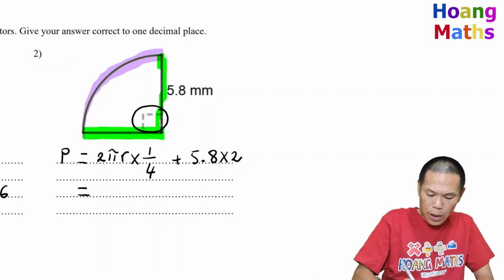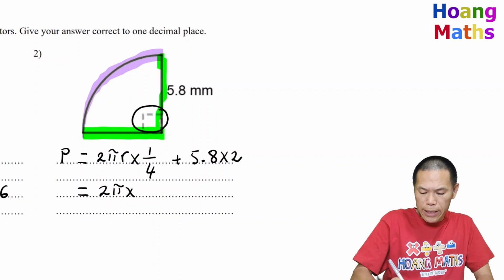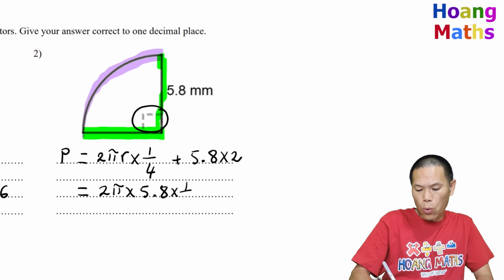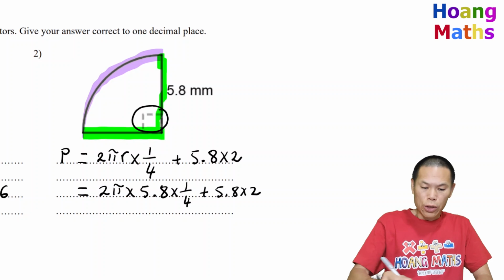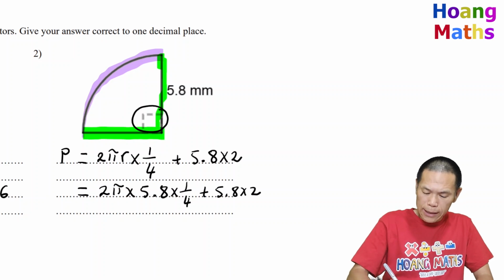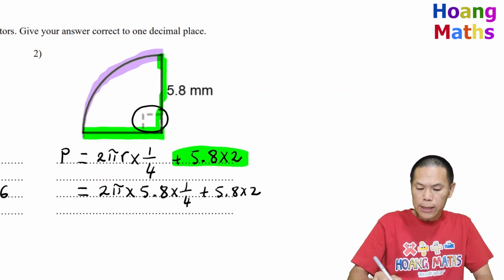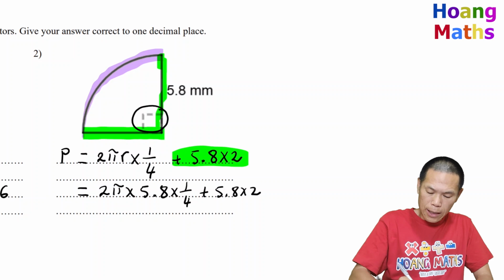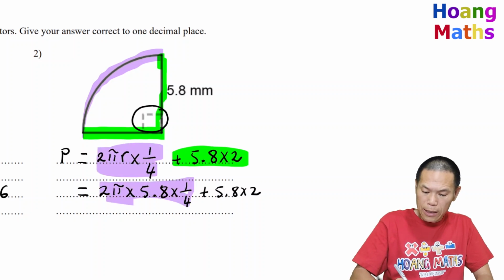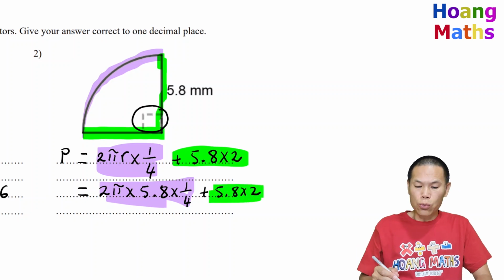So that is equal to 2 pi times the radius, that is 5.8, we times a quarter. Then we add 5.8 times 2. So there you go. Don't forget, this is the 2 radii and this is the arc length. Keep that in mind. So this is the arc length here and this is the radius, 2 lots of them.